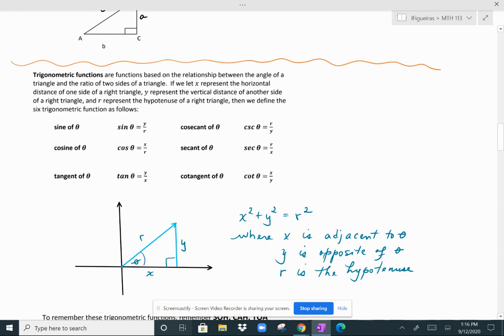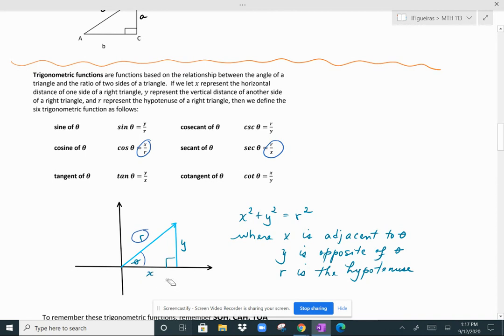There's a similar relationship between cosine and secant. Secant theta is r over x. So secant is the reciprocal of cosine. Cosine is x over r. Secant is r over x, the hypotenuse over the adjacent side.